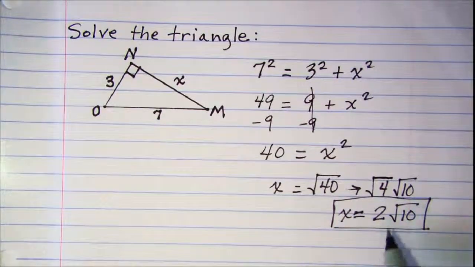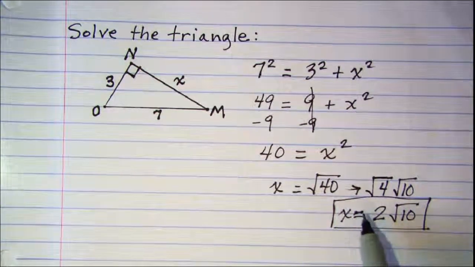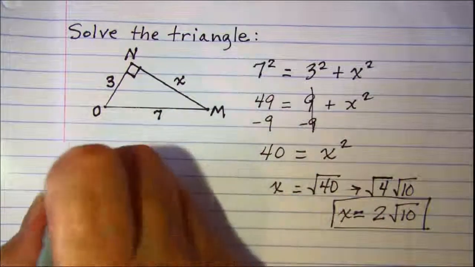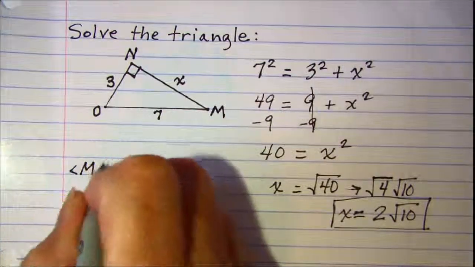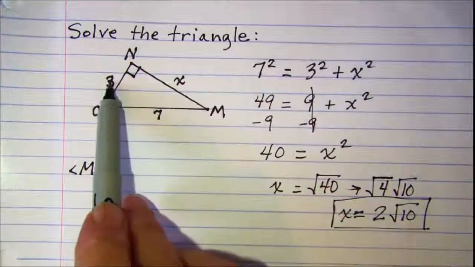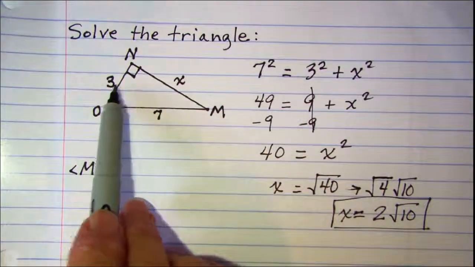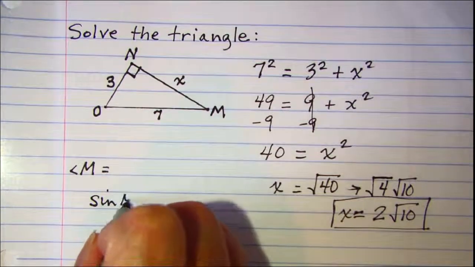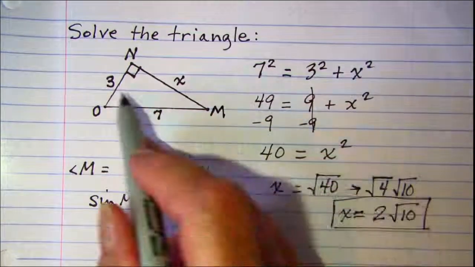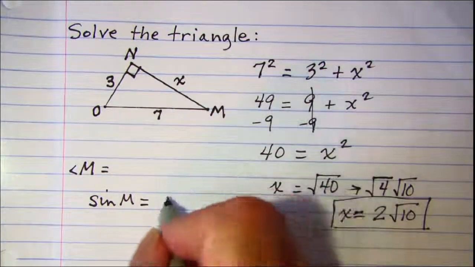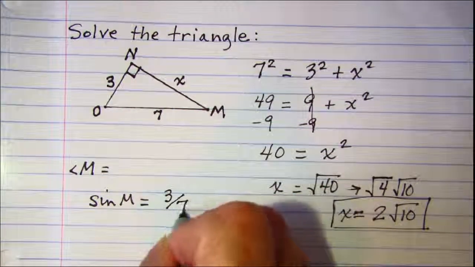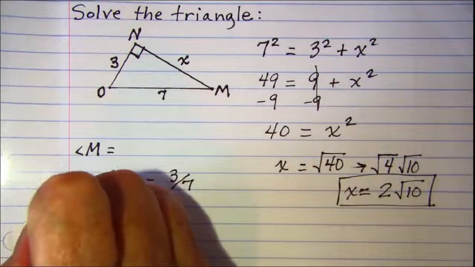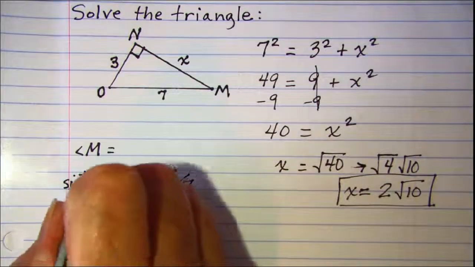Now I need to use my trig to find either one of these angles. Let's find angle M. Angle M is equal to the side opposite angle M and the hypotenuse. So I can say sine of M is equal to 3 divided by 7. To get M by itself, I need to arcsine both sides of the equation.